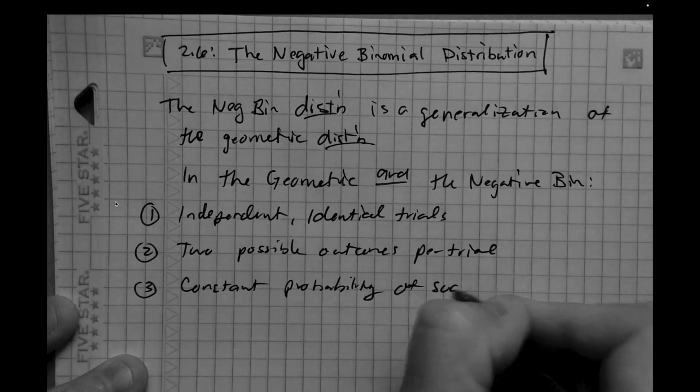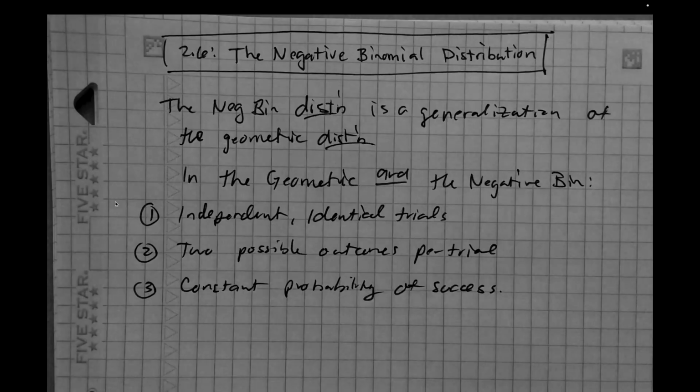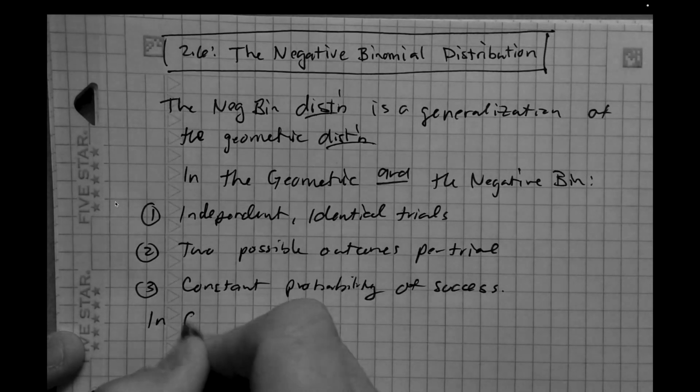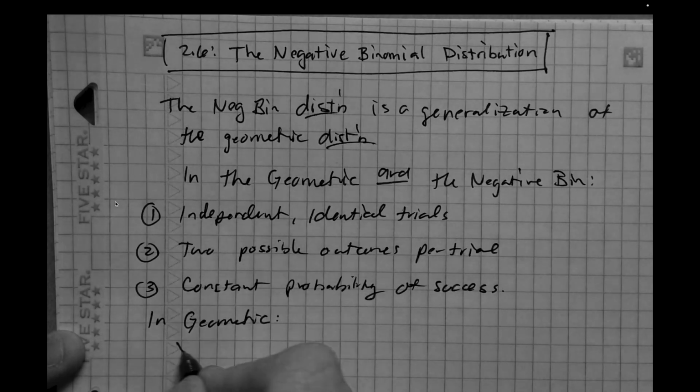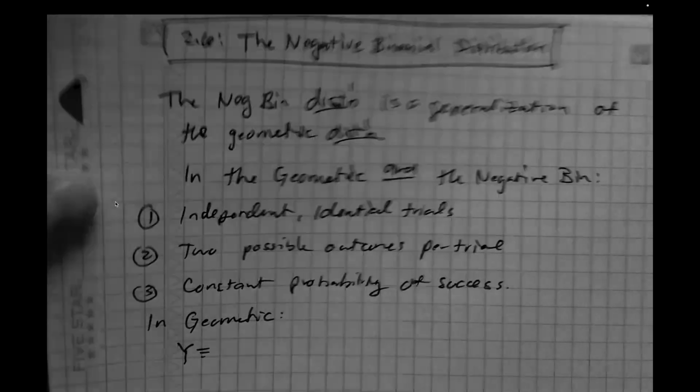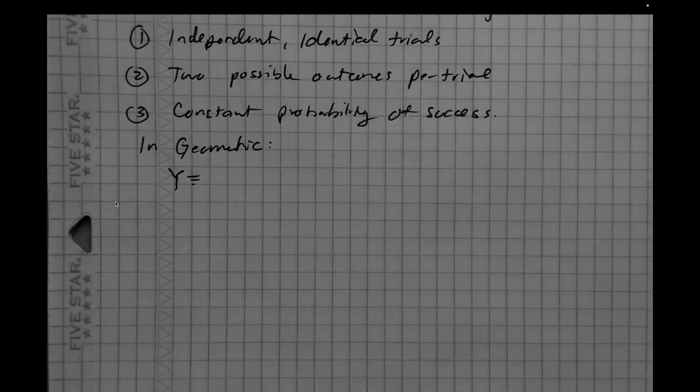Now, where they differ is in the definition of the random variable. In the geometric, remember, we define y to be the random variable that describes the number of the trial for the first success.